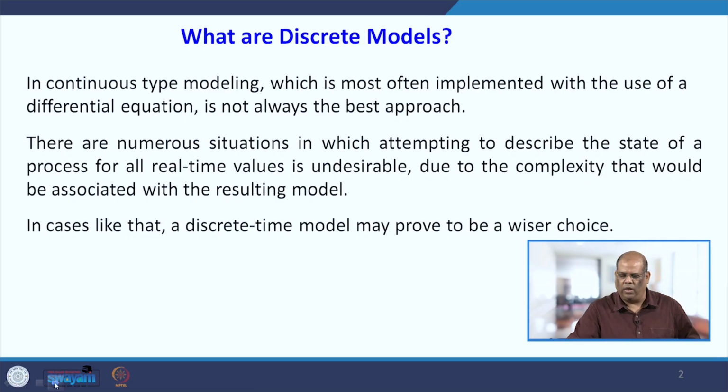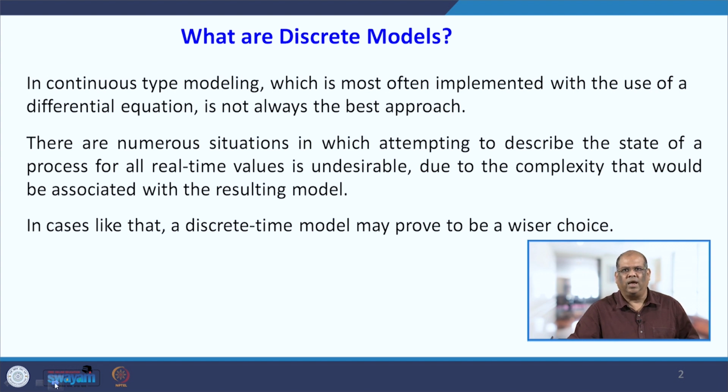In continuous type modeling, which we often implement, we use differential equations. Sometimes it is not the best approach. You will face many situations where you are describing the state of a process for all real time values, and you will find that the process is too long if you use the continuous model, or the process is too much calculative if you use the continuous model.